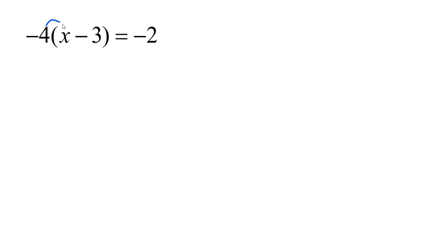So I'm going to distribute the negative 4 into the parentheses, and that gives me a negative 4x. And then negative 4 times negative 3, that would be a positive 12.